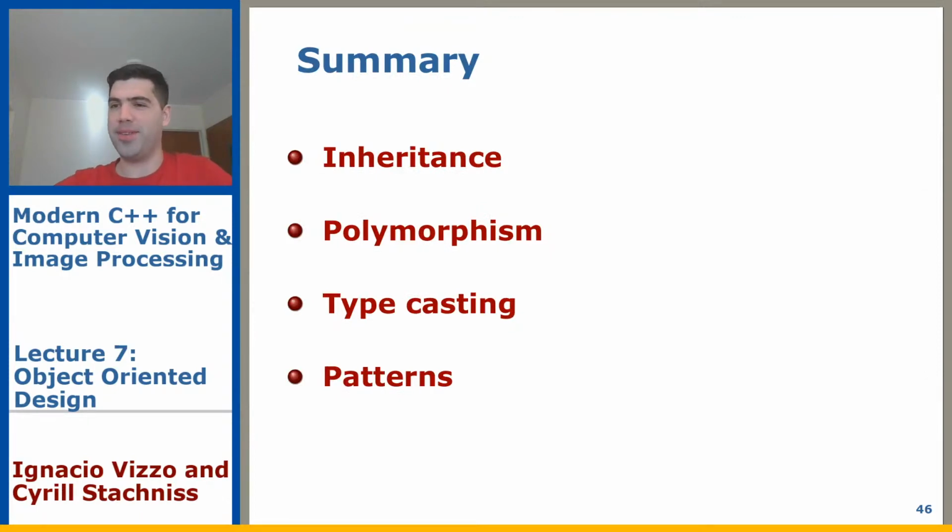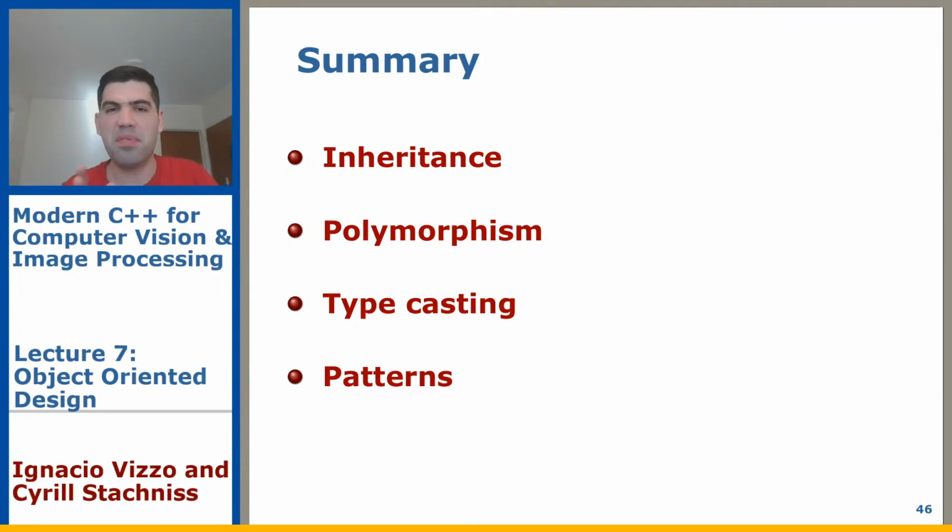So, a summary, we're reaching the end of the lecture. We saw some small ideas on inheritance and polymorphism, which are basically the pillars behind object-oriented design. Again, I don't expect you to create a class hierarchy for the world and humanity. Just use it whenever it's convenient, for example, forcing the right types to conform to a particular interface.